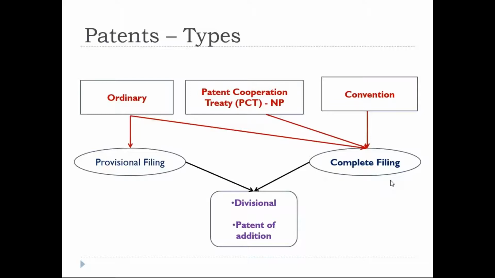First thing, provisional filing is valid only for 12 months, for 1 year only. If you fail to upgrade it into the complete filing, obviously it will get abandoned. We don't have any control.